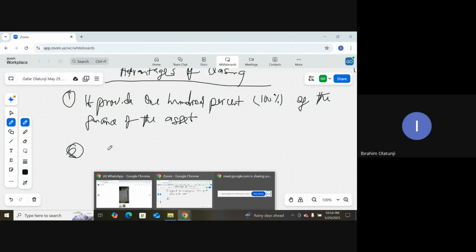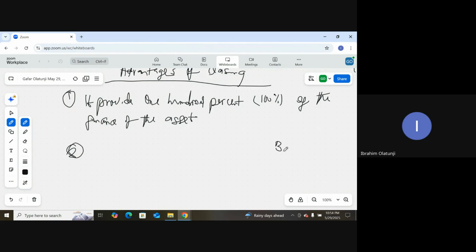Do you get my point? If you want to borrow money, you provide collateral security, right? But for leasing, what's going to be the security for leasing? It is the asset itself.